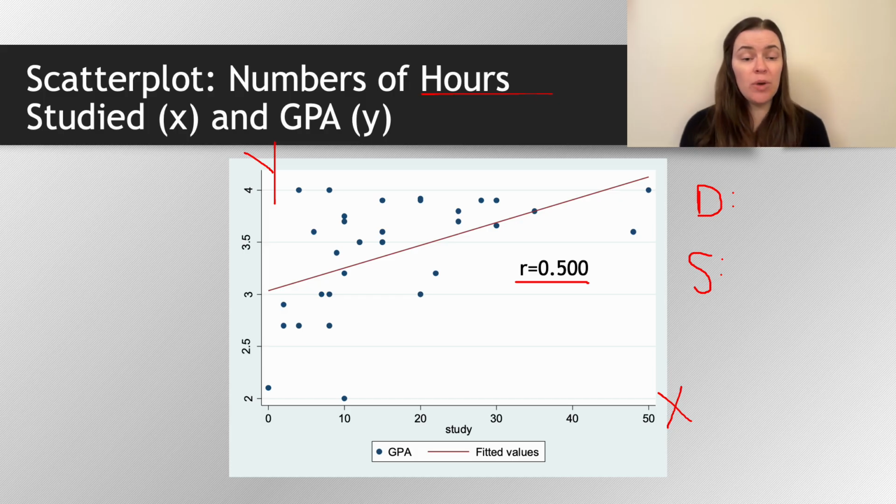The first thing that we can take a look at is the direction. And again, the first thing that I ask myself is whether or not my Pearson's R value is positive or negative. And in this case, right off the bat, I see that I once again have a positive R value for my Pearson's R. And so I know right off the bat that my direction is positive.